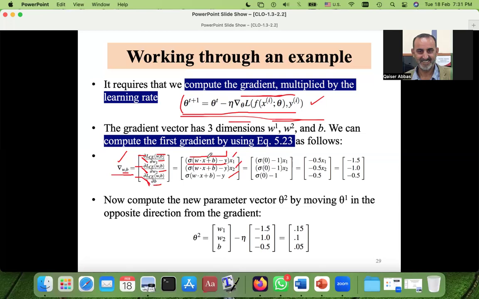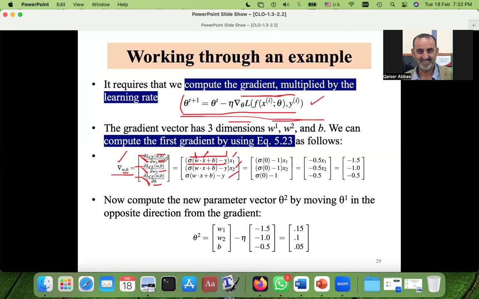Anyhow, now put in the values and calculate. What is the value for W1 and what is the value for X1 that you have been given? Because here you are calculating the derivative for W1, so wherever you find W, you consider it W1.